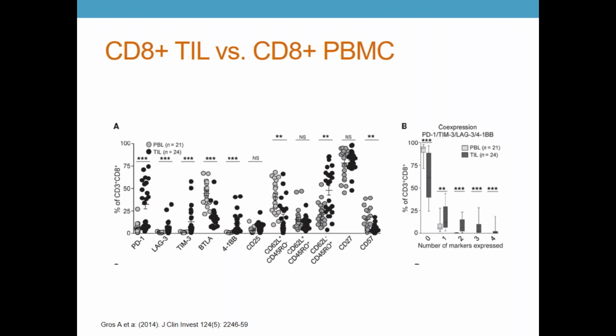If you're measuring PD-1 expression in lymphocytes and you're using the tumor-infiltrating lymphocytes, you're up at about 30%. But if you're measuring peripheral blood mononuclear cells, even though they may have the same responsiveness to antigens, there's a much lower probability of them demonstrating PD-1.